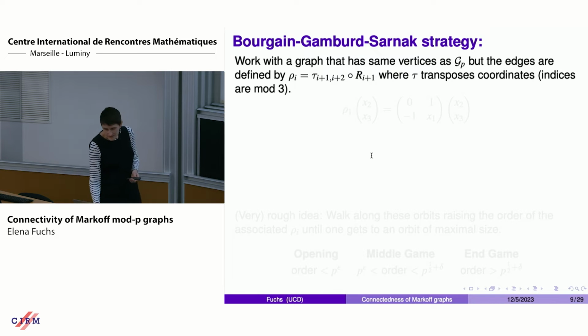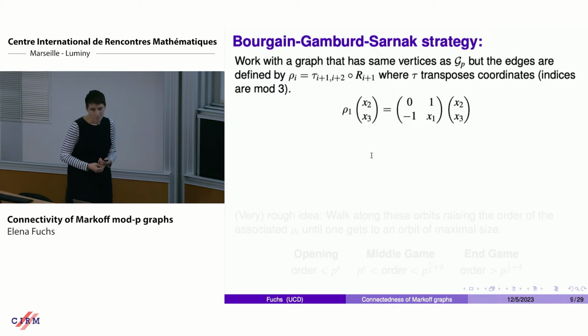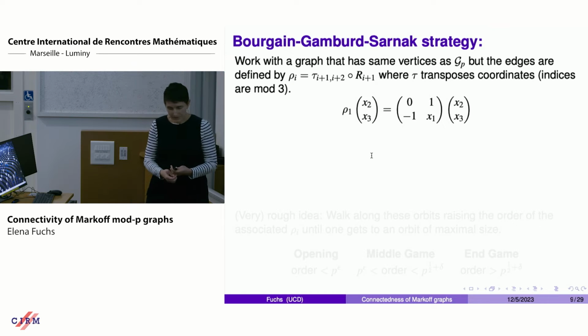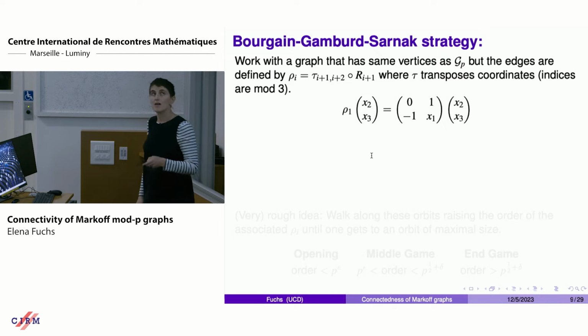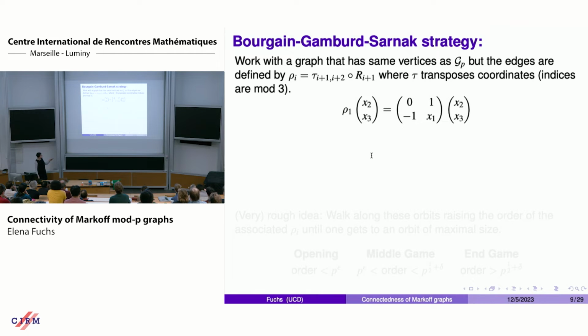The reason they consider this, well, there's various reasons. But one nice thing is if you look at rho_1, say, of x1, x2, x3, then x1 is fixed, and what's happening with x2, x3 is you're acting by this matrix in SL_2 of p. Now, there's an x1 in there, so you haven't suddenly made your nonlinear group into a linear group.